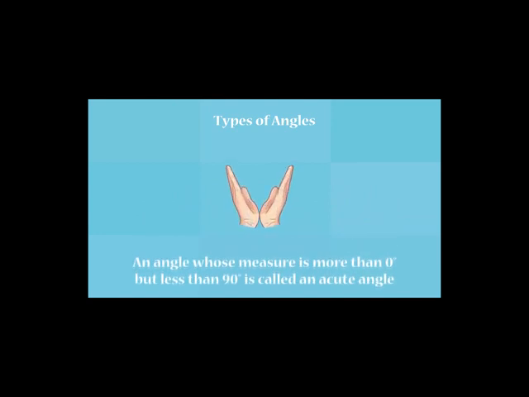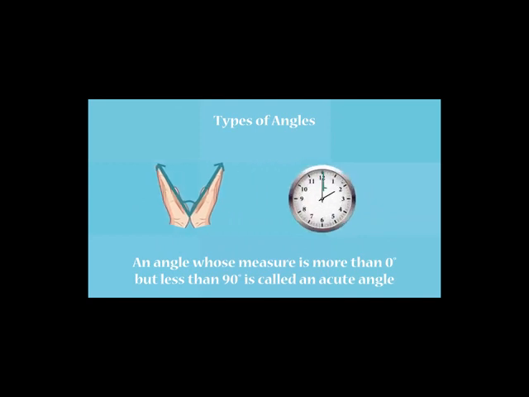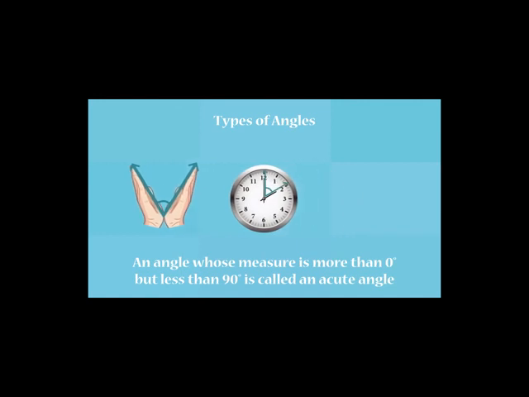If you put two hands together like this, the angle formed in between is an acute angle. That will always be less than 90 degrees. If the clock shows 2 o'clock, that is an acute angle. Scissors also form an acute angle. I hope this is clear for you.